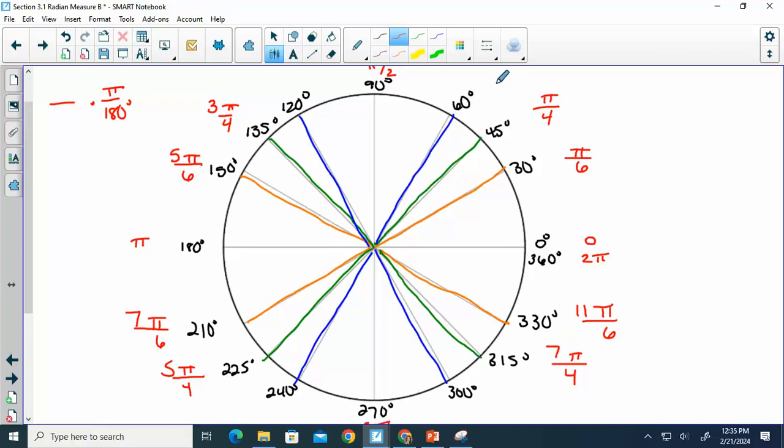Okay, everything with a reference angle of 60 ended up with what in the denominator? Okay, so in the first quadrant, it's just pi over 3. In the second, it was 2, in the third, 4, and in the fourth.